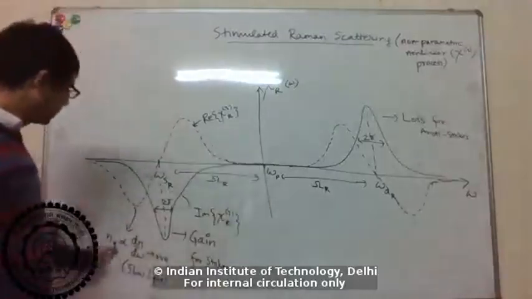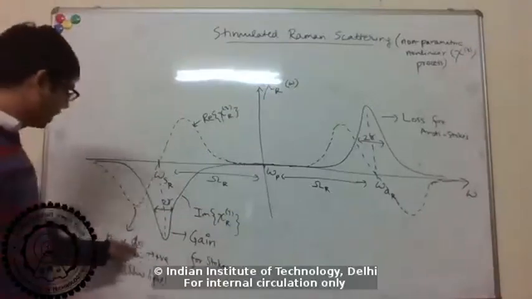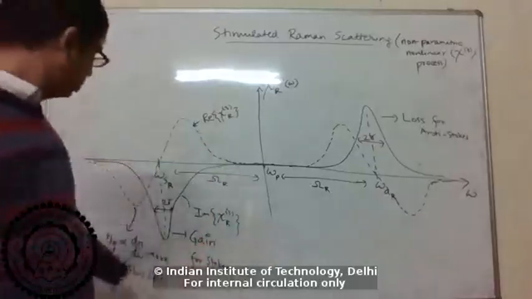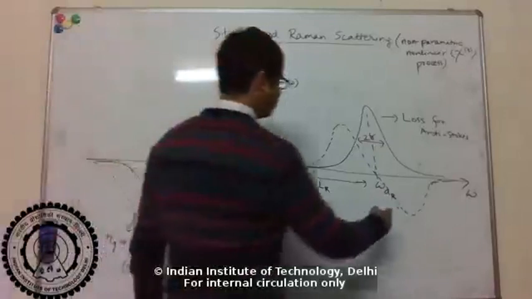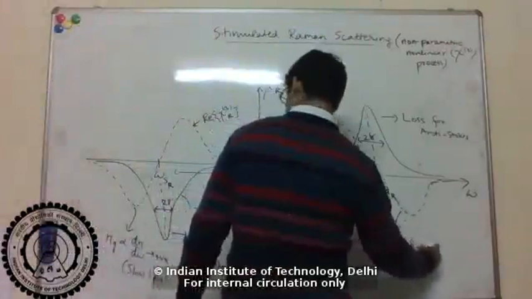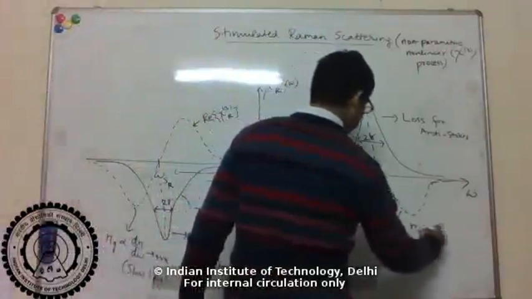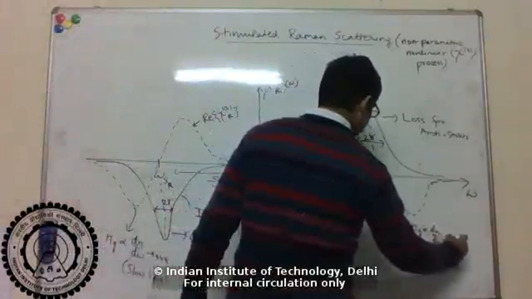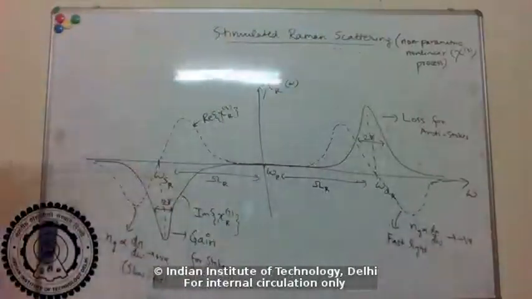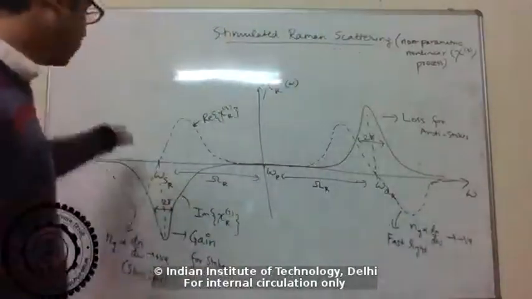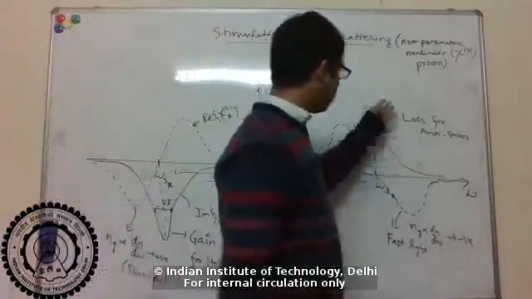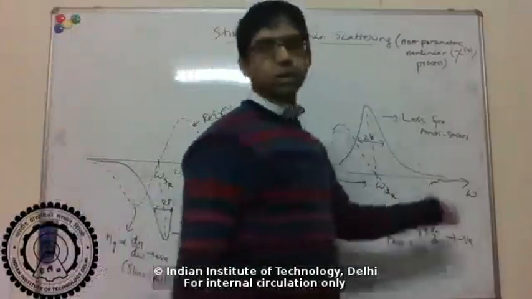Because your group index is now higher. You have a positive slope which adds to your group index, so the group velocity goes down. Okay. And here you get the opposite effect, or fast light. Okay, so on the Stokes side you get gain or amplification along with slow light. On the anti-Stokes you get loss or attenuation along with fast light.